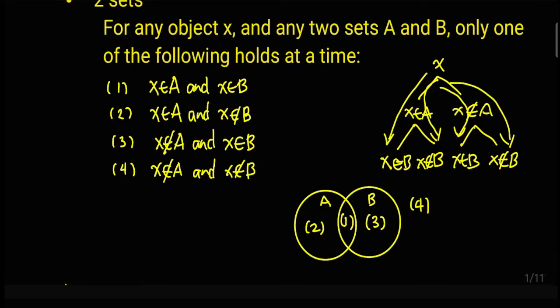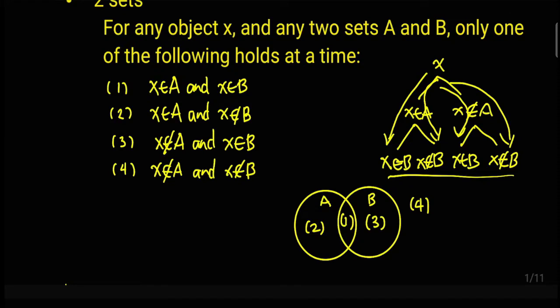Of course, it will be a good exercise if you can try it yourself when you have any object with respect to three sets. From here, you can extend that each of these four cases will give you two more cases: either X will be in the third set or X will not be in the third set.